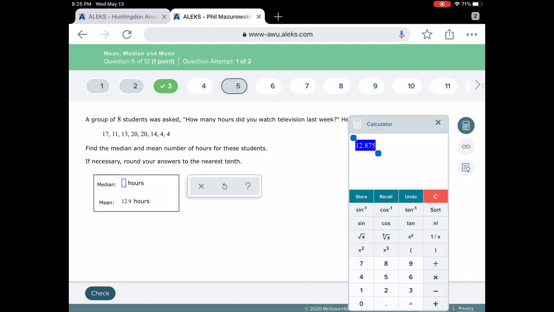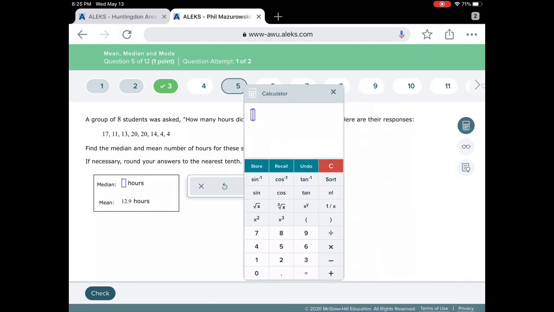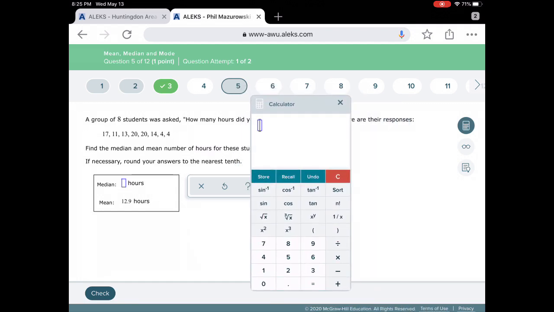All right, now this is going to be a little interesting here because I don't have anything to write with. They are going to let me do this. Okay, so I'm going to put the numbers in order on this calculator.